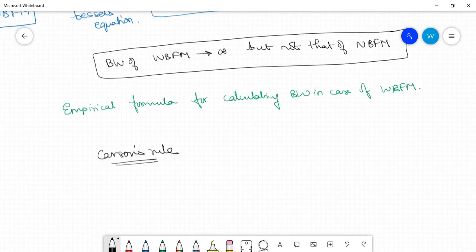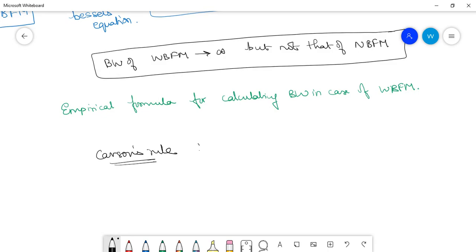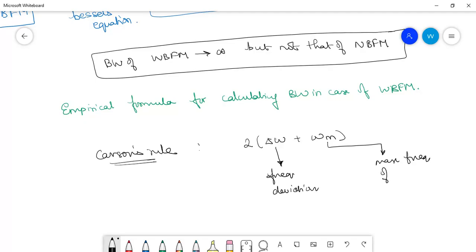It says that your bandwidth is twice of (delta omega plus omega_m). Here delta omega is nothing but the frequency deviation, and omega_m is the maximum frequency of the modulating signal.